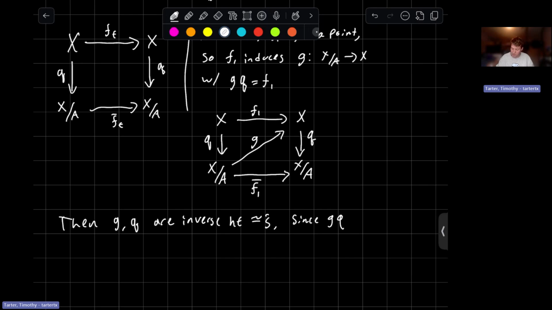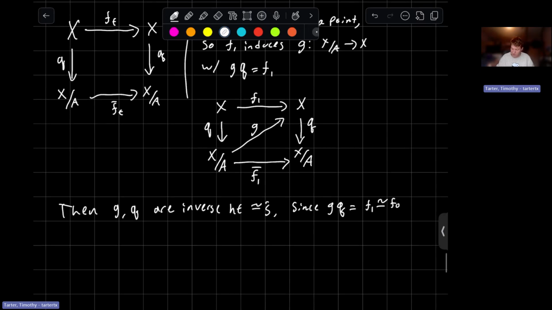Since g q is equal to f1, which is homotopic to f naught, which is equal to the identity on X via f t.